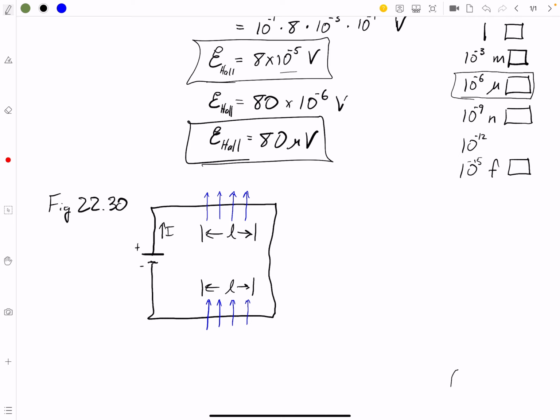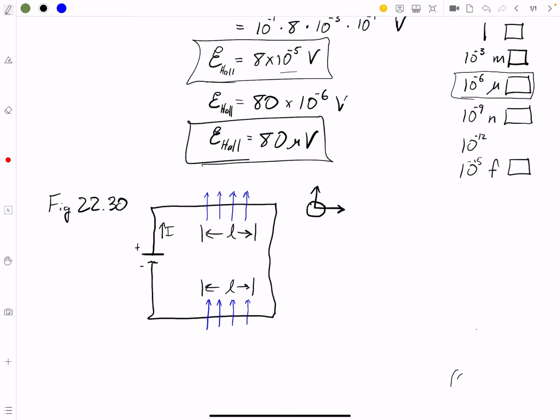So we've got our current going this way, our B field going this way. That means that the force has to go, do your thing where you put your current, your B field, your force.